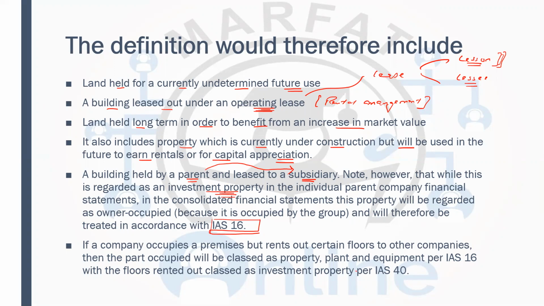And the last thing regarding the classification criteria is that it is possible, for example, that the company has a building. Let's assume this is a building and it has multiple floors. Let's assume there are 4 floors. On the first floor, there is an office of the company.